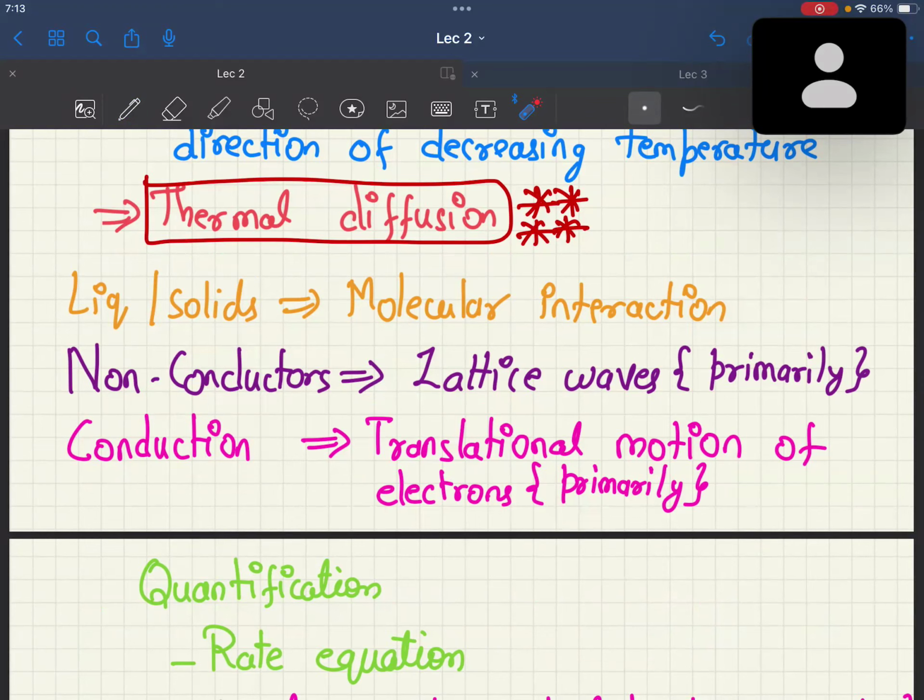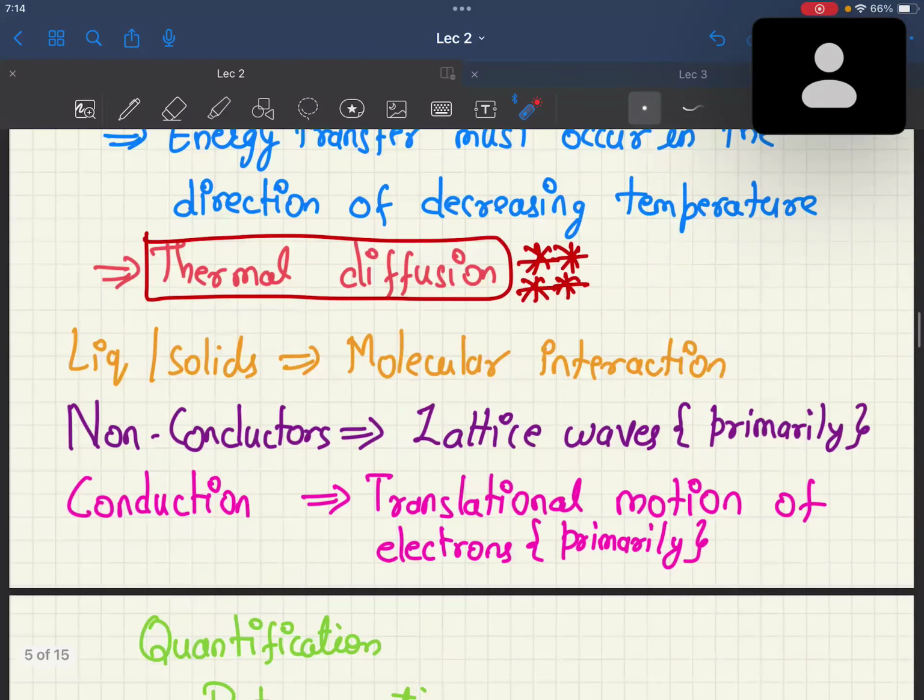Actually, it happens via both lattice waves as well as electrons, but the contribution of the translational motion of electrons in conductors is maximum, whereas in non-conductors it is because of the lattice wave. The primary mechanism that governs thermal diffusion in a non-conductor is the lattice wave. In the case of conductors, thermal diffusion is essentially governed by the translational motion of electrons. So this is very clear.